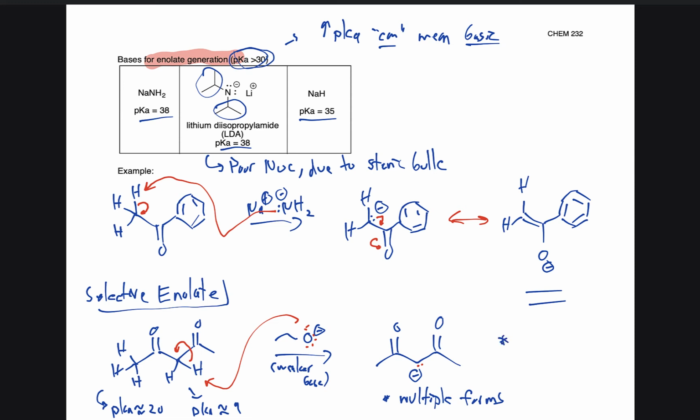And using a strong base, or a stronger base, would lead to potential side products, because a stronger base might end up taking either hydrogen, or will go after both over the course of the reaction. Using a weaker base ensures that it only goes after the lower pKa.